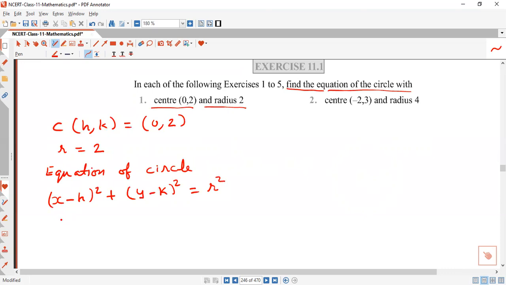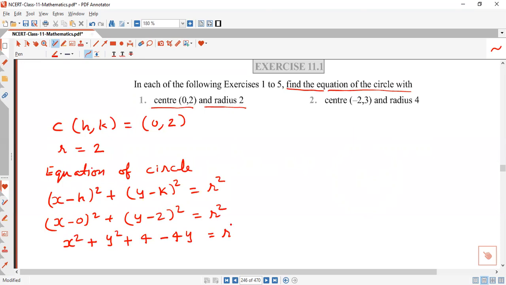Now we put in the values: x minus 0 whole square plus y minus 2 whole square equal to r square. Opening this, x minus 0 is just x square. Opening y minus 2 whole square, we get y square plus 4 minus 4y equal to r square.